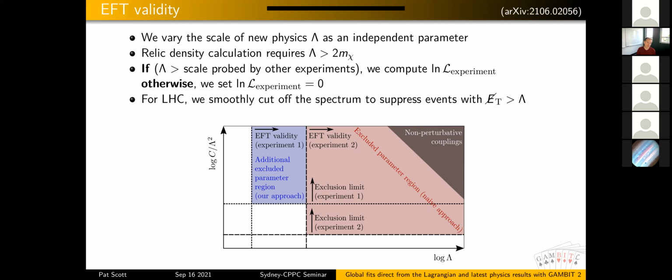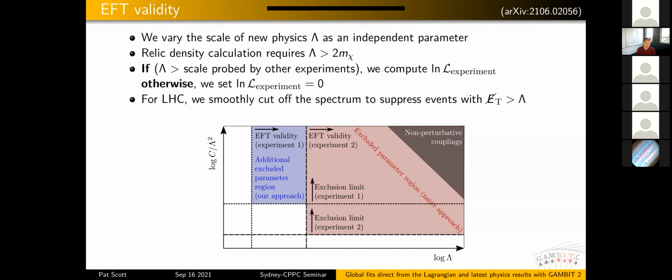If not, though, so if the EFT is not valid for that particular experiment, what we actually do is to set the log likelihood to 0, which is to say that the experiment can't constrain the theory there. So we basically say that it's not disfavored, so it's allowed. So we give it a perfect fit in that case.